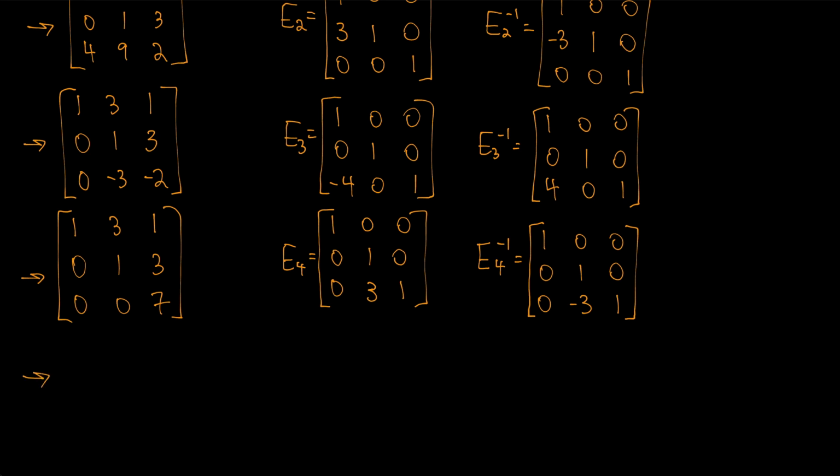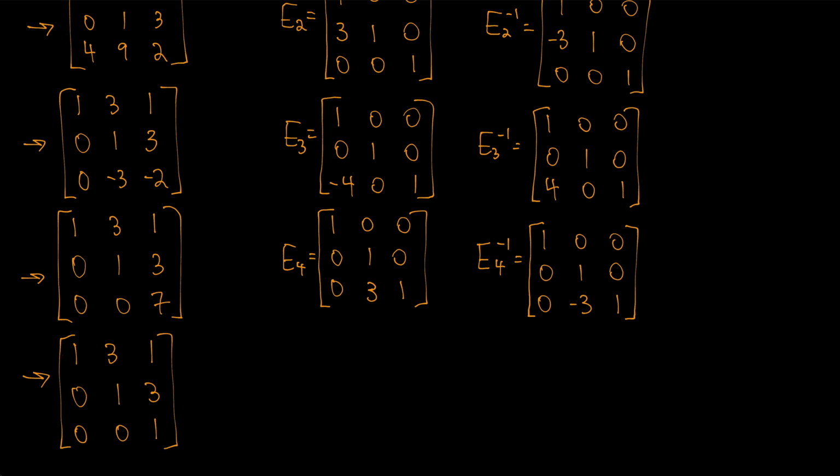Okay, almost there. We have still 1, 3, 1 is fine. 0, 1, 3, and then I just need to get a 1 over there, and then this thing will be upper triangular. So 0, 0, 1, all I have to do is multiply by 1/7, and then there we go.